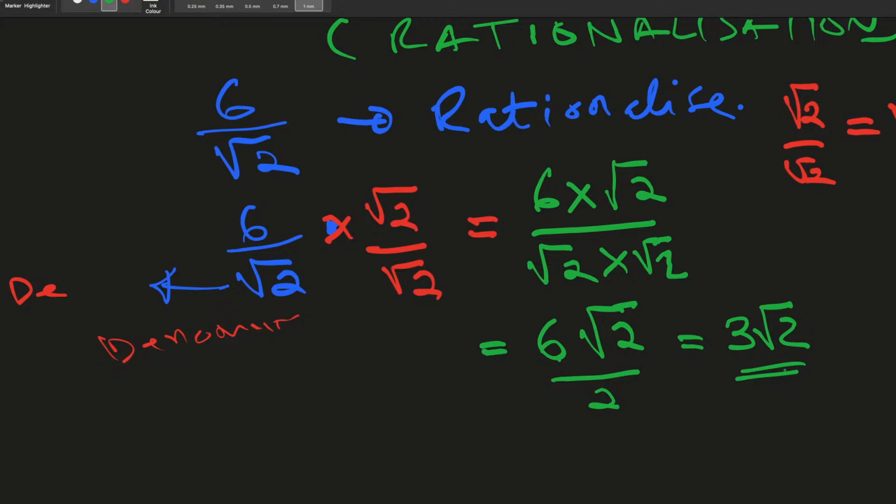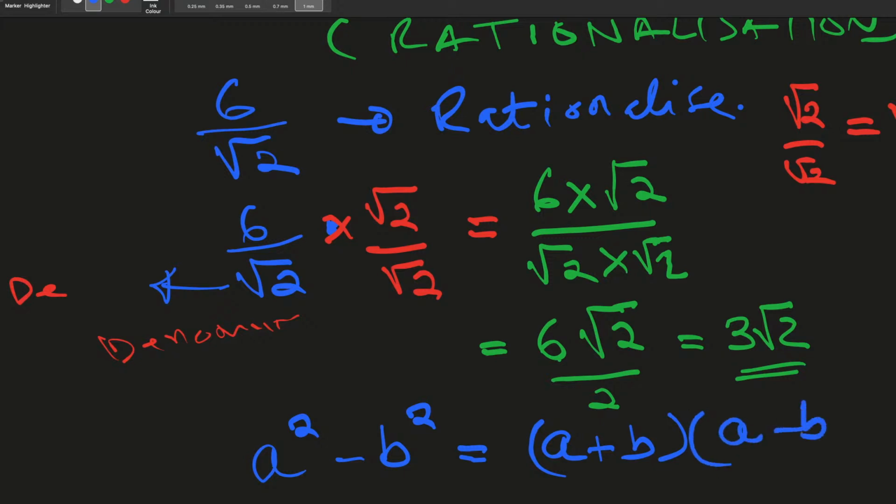Okay? In doing rationalization, there is something we should always remember. Because we have something like this: a squared minus b squared. It can be written as a plus b and a minus b.